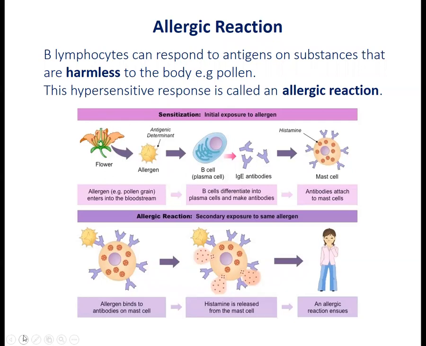So pollen comes into your body, and pollen has antigenic markers on it, and that provokes an immune response from the B lymphocytes. So when the B lymphocytes respond to antigens on a substance that's harmless, we call this an allergic reaction.